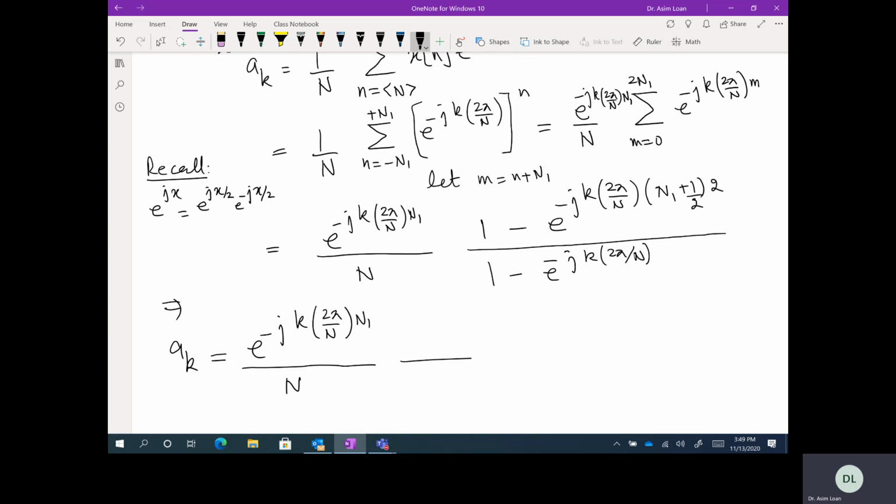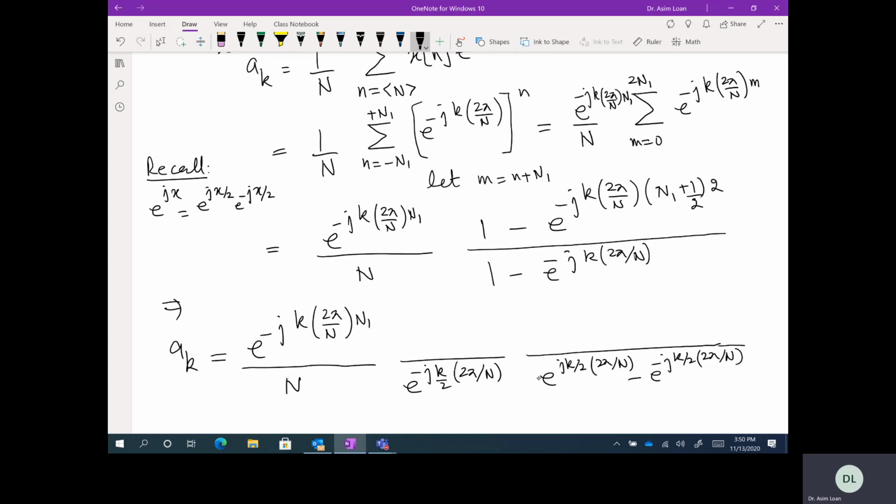If I take out the half angle, this will become e to the jk over 2 into 2 pi by n minus e to the minus j k over 2 into 2 pi by n.